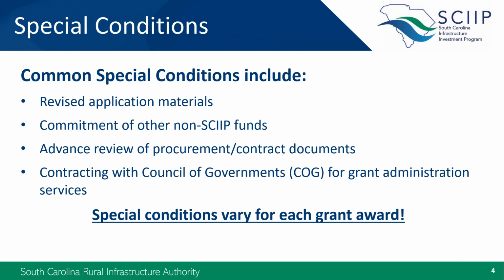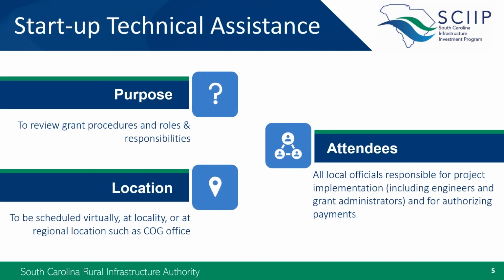A startup technical assistance meeting with the assigned RIA grant manager is a requirement of everyone's special conditions. By now, you should have received an email communication to start looking at dates, or perhaps it is already scheduled.